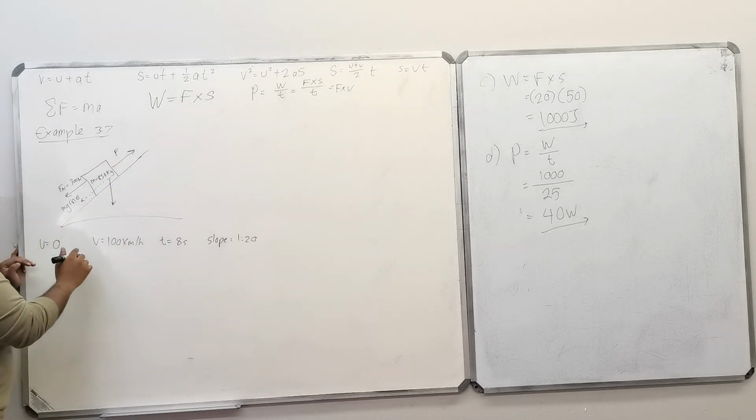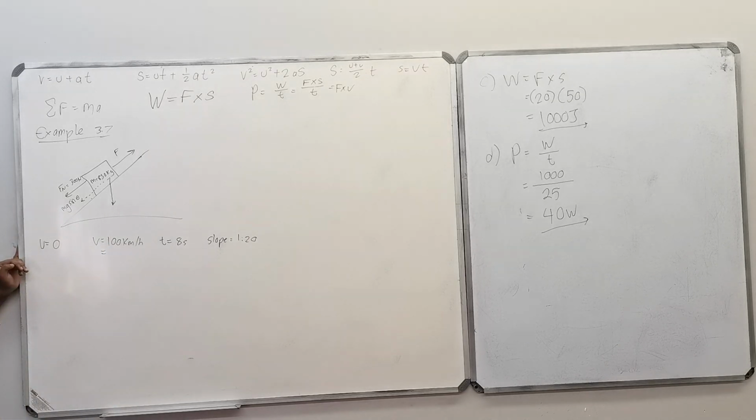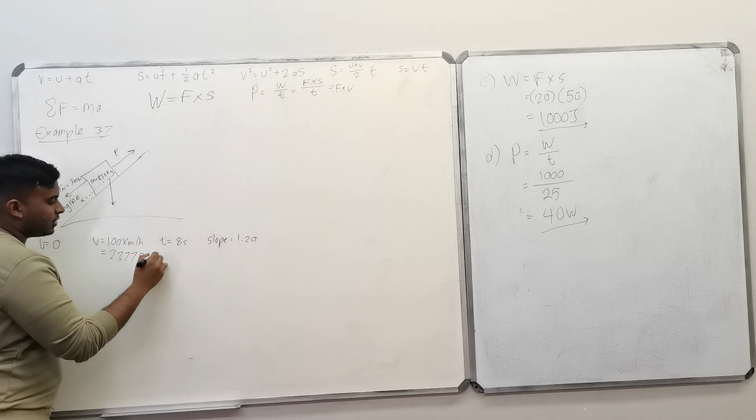So this 100 kilometers per hour, we convert it to meters per second. That would be 100 times 1000 all over 3600, or you can just divide by 3.6. That gives 27.778 meters per second.